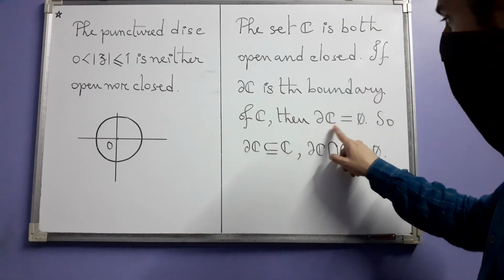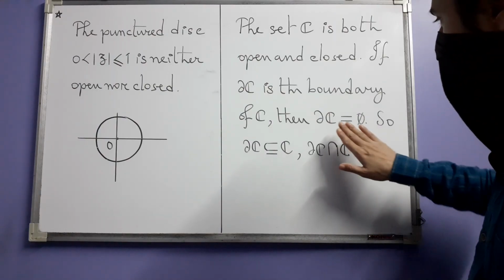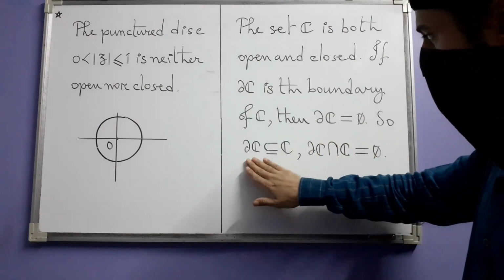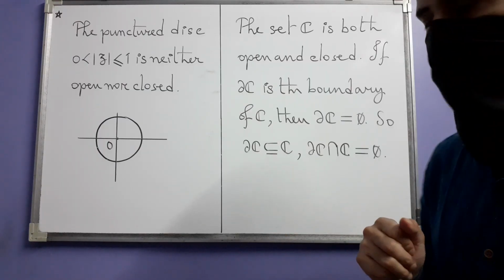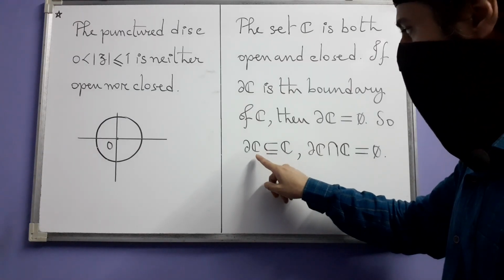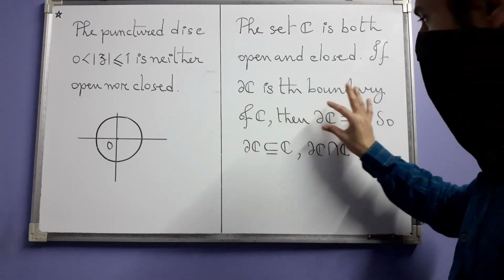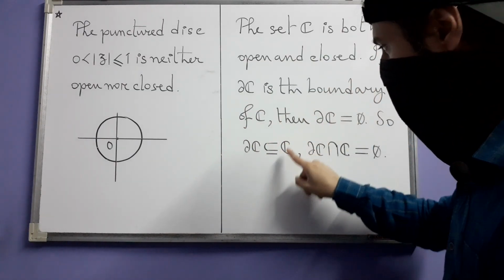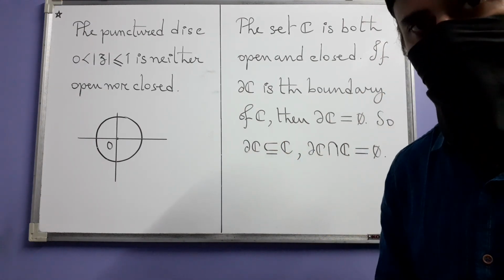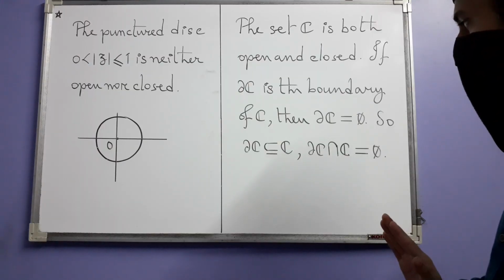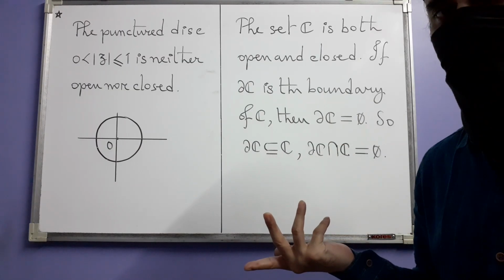What does this mean? It means two things simultaneously. Because this is the empty set, it's contained in C. The empty set is a subset of every set. So technically, there is no boundary point, but still the boundary is entirely contained inside C. So by definition, C is closed. But at the same time, the boundary does not intersect C also.